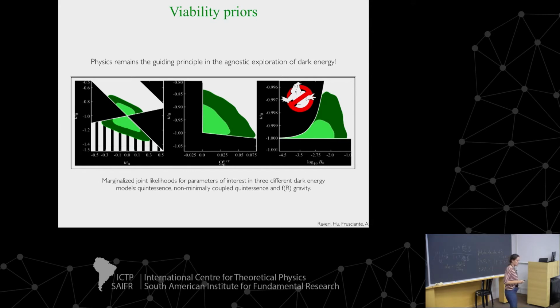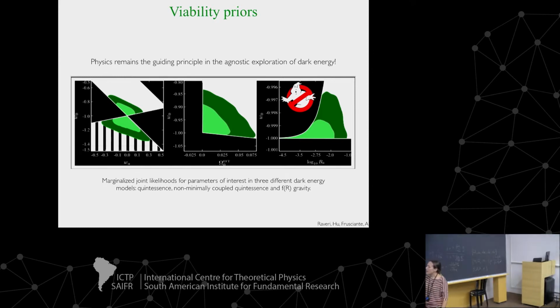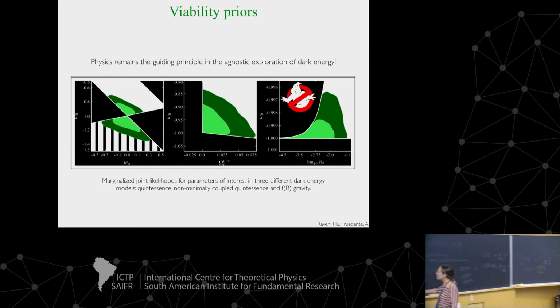I don't remember exactly what it was. But you can rule out regions of your parameter space if you ask your EFT to study a model that is a simple, minimally coupled quintessence characterized by w0 and wa. So it means you're opening only lambda and c, and omega you set to 0, and also all the other functions.